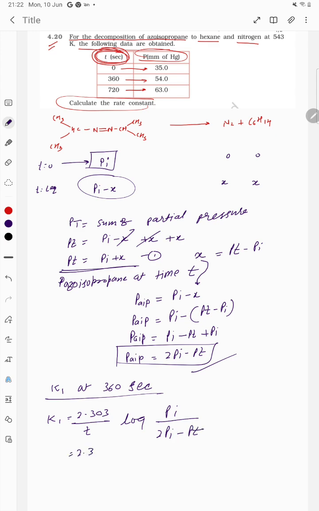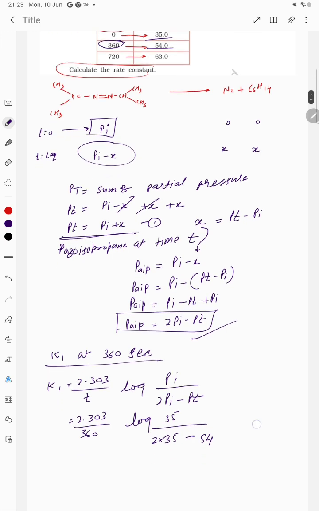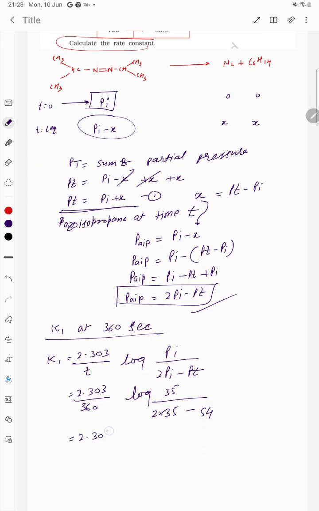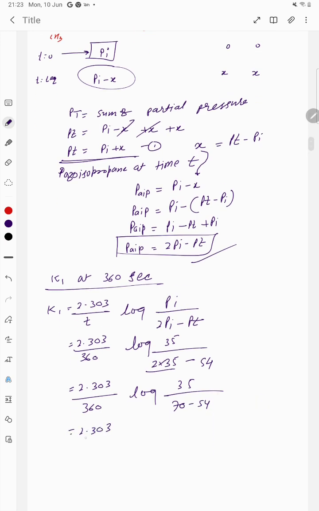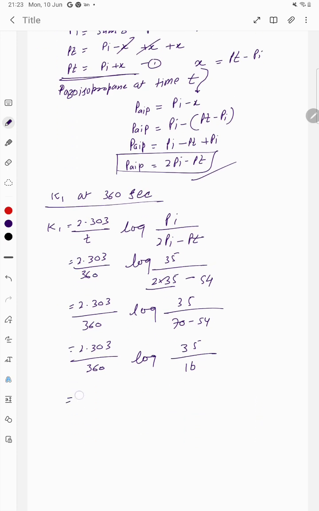So 2.303 upon 360, log 35 upon 2 into 35 minus 54, that is 70 minus 54, which is 16. Since log A by B is log A minus log B, this is 2.303 upon 360 times (log 35 minus log 16).